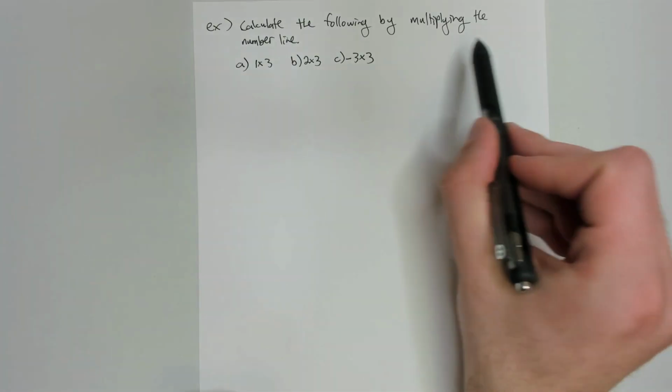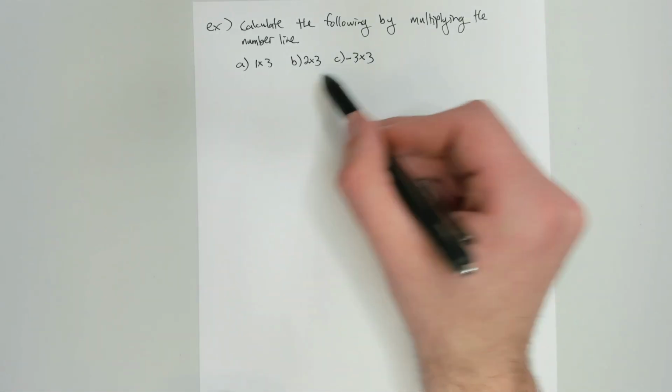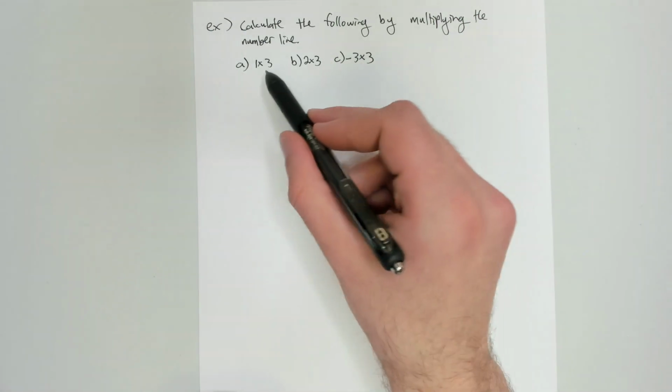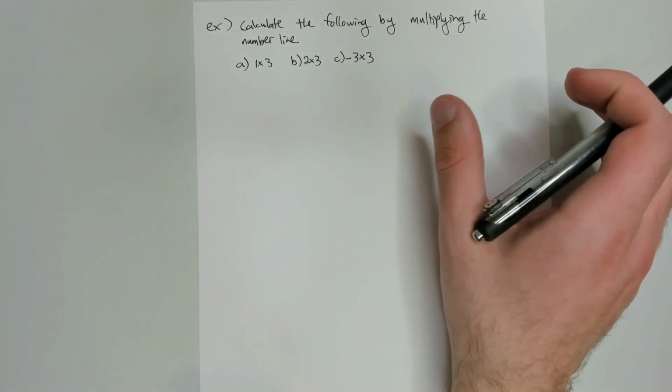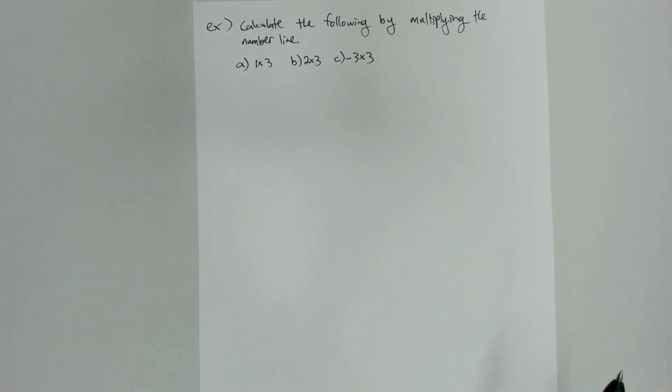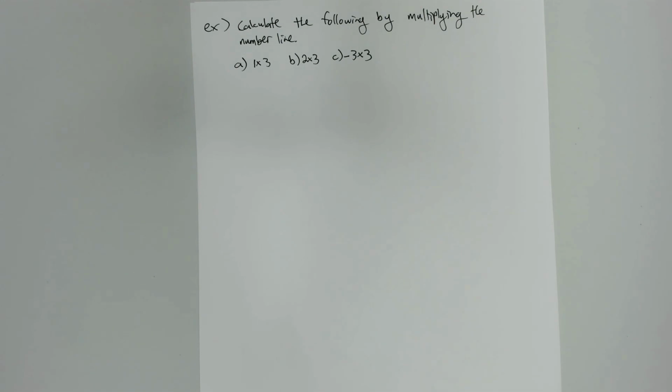It says: calculate the following by multiplying the number line. We have 1 times 3, 2 times 3, and negative 3 times 3. For all of these, we're multiplying by 3, so just one transformation of the number line, stretching it once, should allow us to calculate all of these at once.